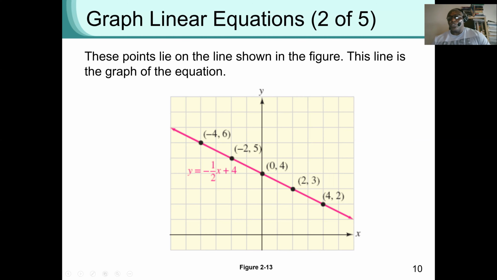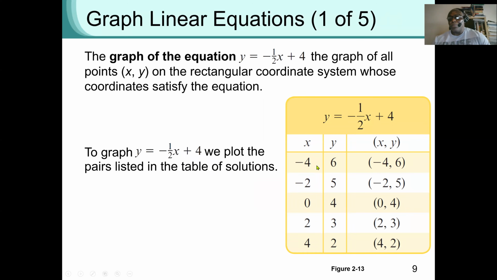That's when x is 0, what is the value of y? This will give us 2 points. Then we draw a line through those 2 points. So in this case, we save more time. Instead of coming up with 5 points here, I only need 2 points. When I get any pair of 2 points, I'll just draw the straight line through.